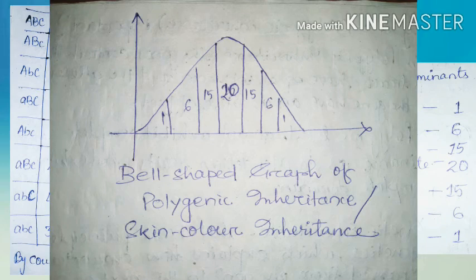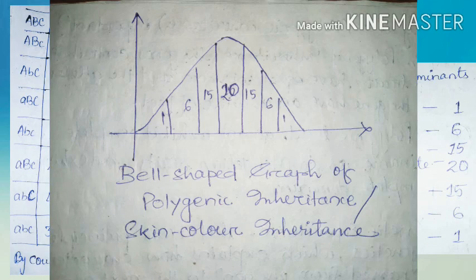Okay, after that you draw likewise 15, then 6, then 1. If you plot that whole graph, you will find the bell shaped graph, that is the polygenic inheritance graph, the bell shaped graph of polygenic inheritance or skin color inheritance.